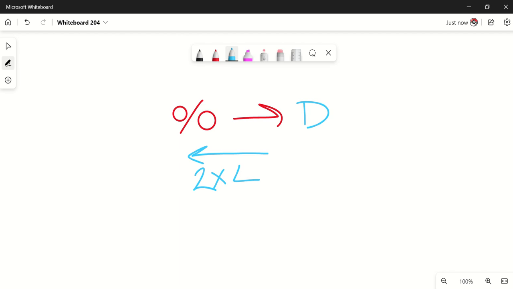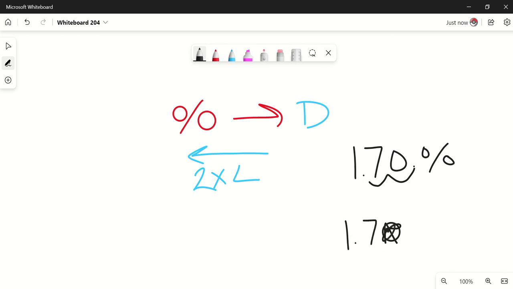So if my percentage is 170%, the decimal is at the end, and 2 times to the left would make this 1.7. The 0 at the end can fade away. Oh, I'm sorry, we don't need to add the percent, because it's a decimal. So this would be 1.7 as a decimal.